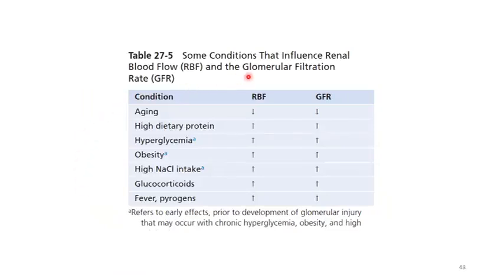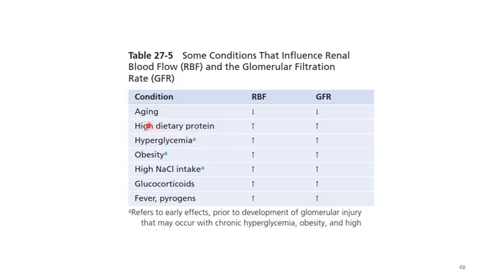In this table, you see some conditions that influence renal blood flow and GFR. For example, aging, high dietary protein, hyperglycemia, obesity, high sodium intake, glucocorticoids such as cortisol, and fever or pyrogens.